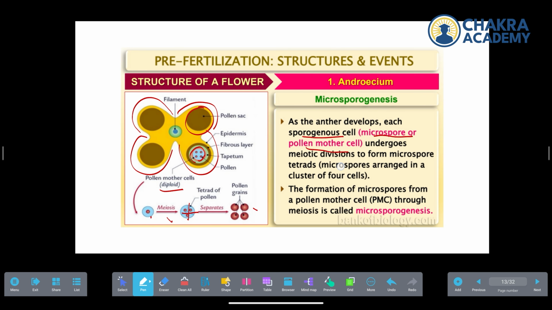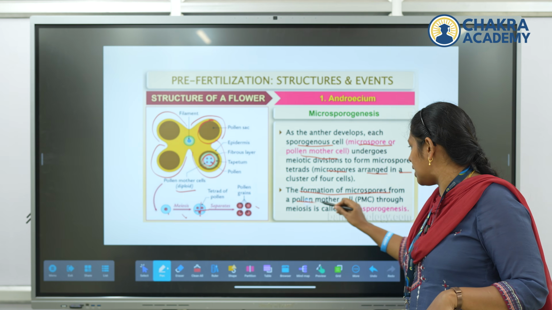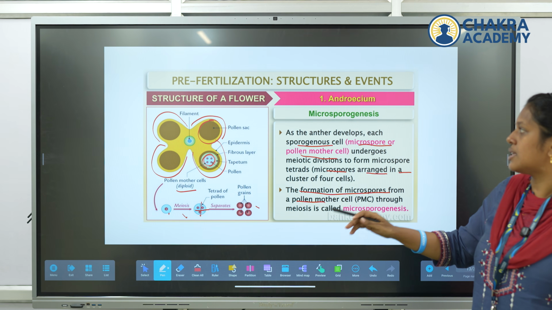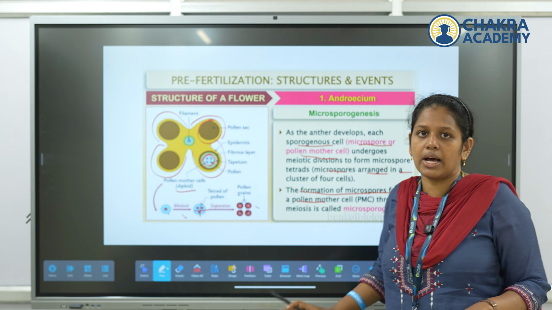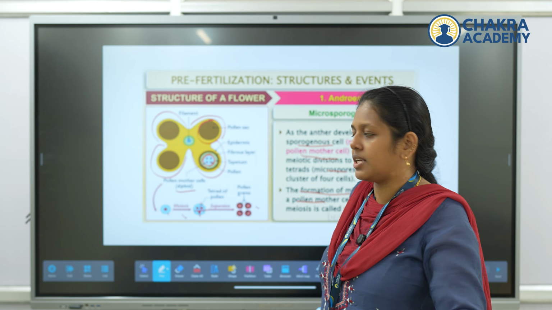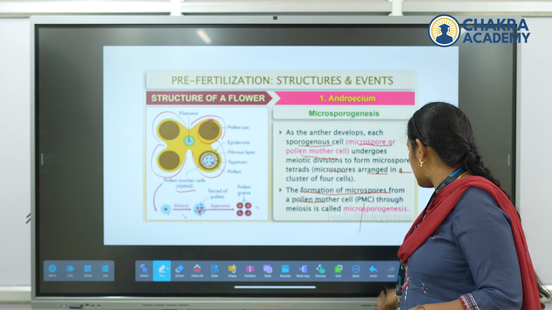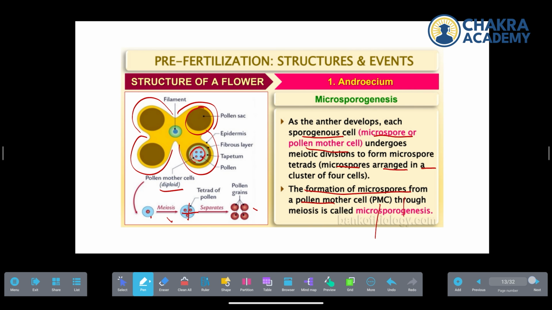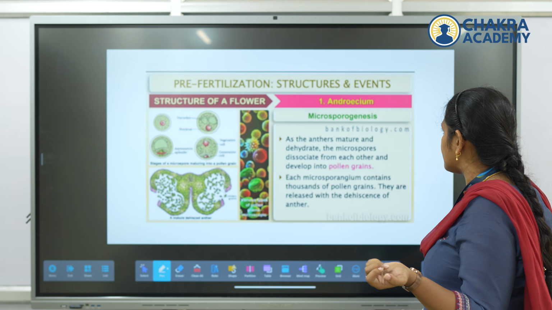Each tetrad means the microspores are arranged in a cluster of 4 cells. The formation of microspores from the pollen mother cell through meiosis, this entire process is known as microsporogenesis. Micro means small in structure, sporo means spores, genesis means formation.